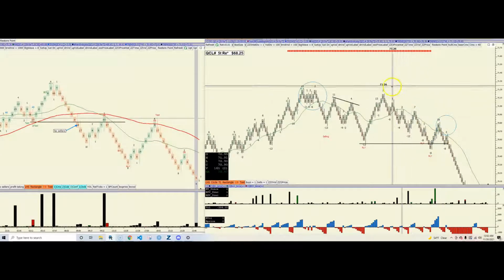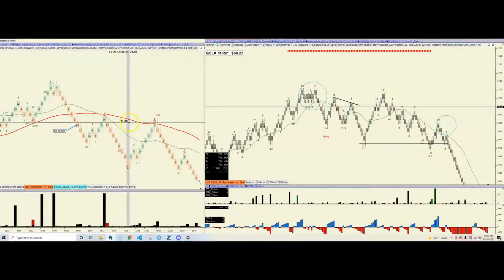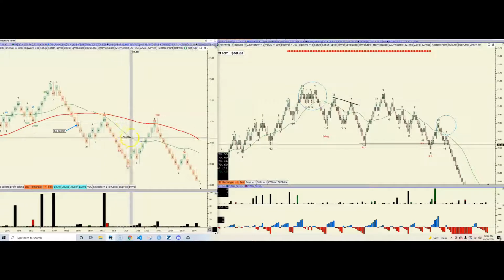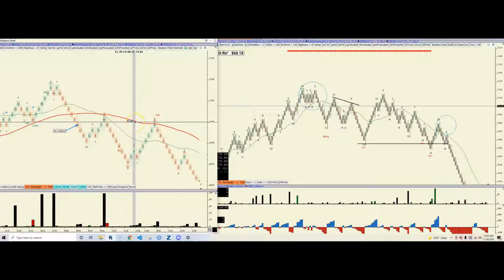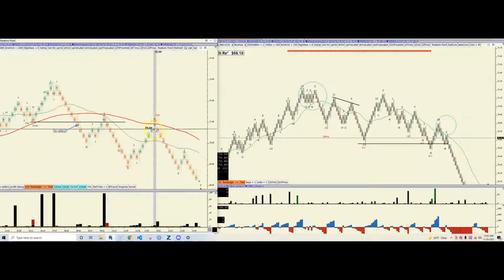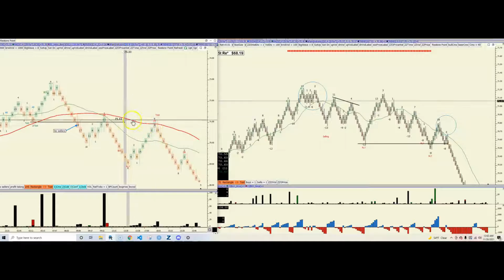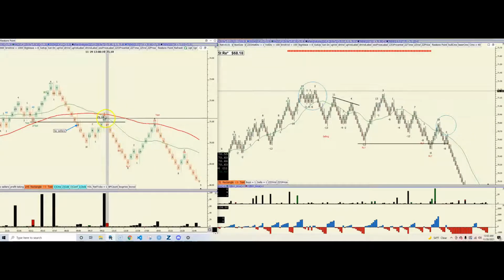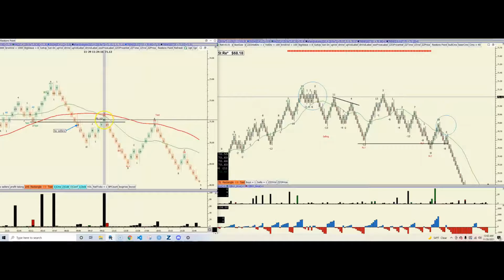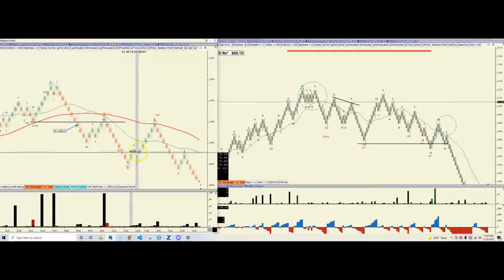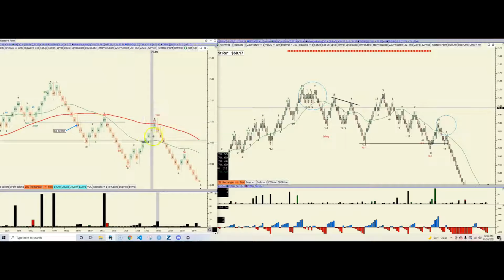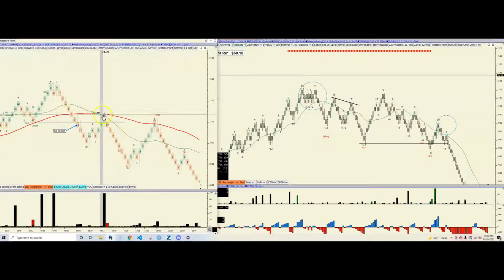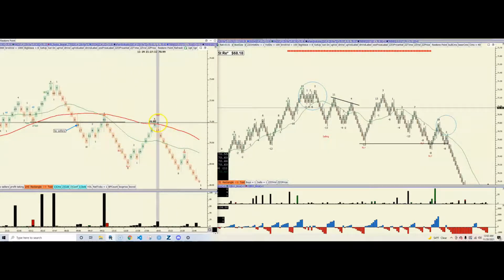But if you take a look at the higher time frame, or the higher brick size, green below red, downtrend. Rally up to do what? Test. Test what? A distribution brick. That brick has the biggest volume, I think, in 100 bricks. And you're doing what? Testing the origin of a down rally.